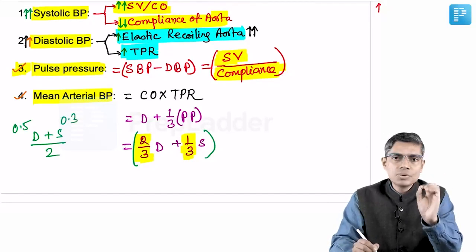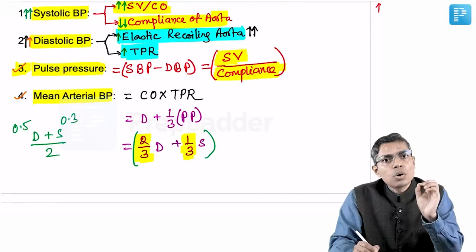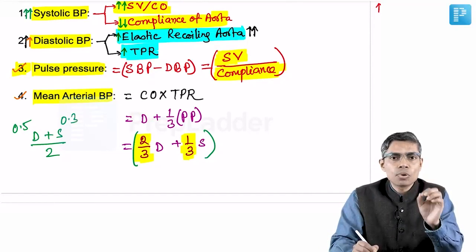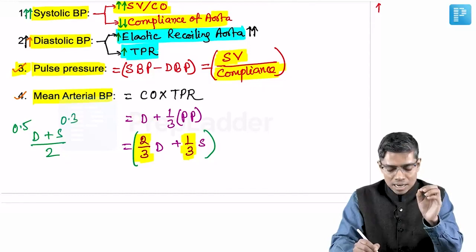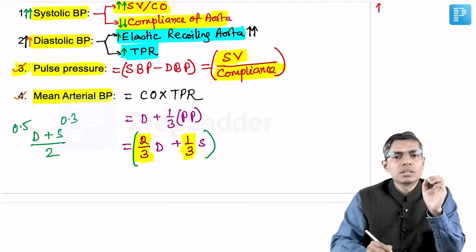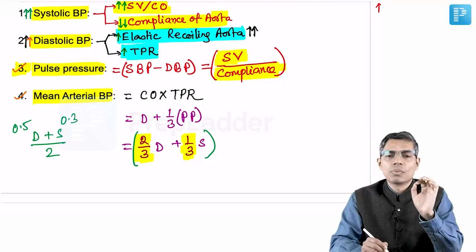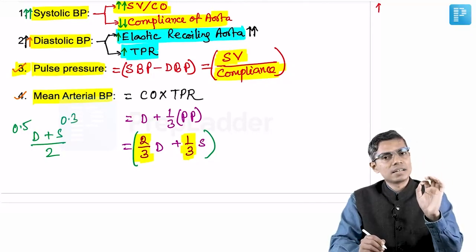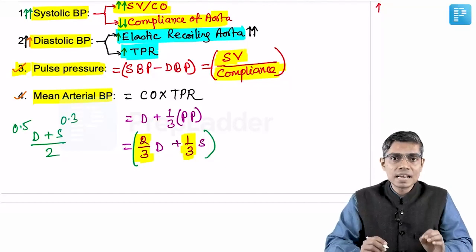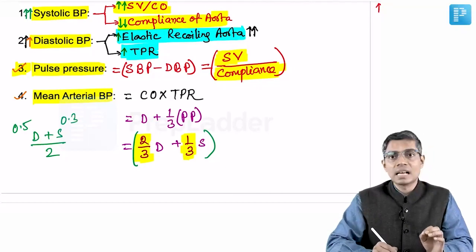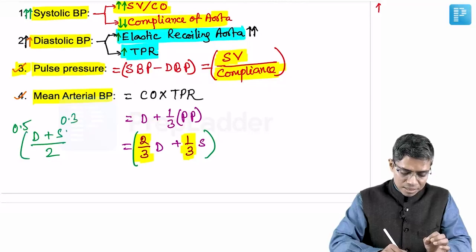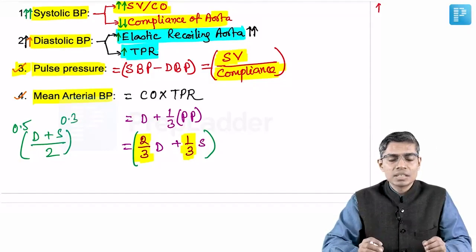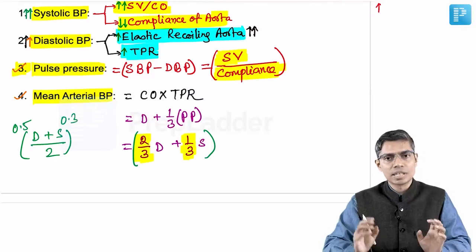So considering this duration, if you take a weightage average, then diastole should be given more weightage, more dominance, and that's why we are taking 2/3 of the diastolic blood pressure and 1/3 of the systolic blood pressure for the measurement of mean arterial pressure. So this is basically a weightage average, not the arithmetic average, because if it were an arithmetic average, then the formula should be like this, but we are taking a weightage average. Diastole is given more weightage.